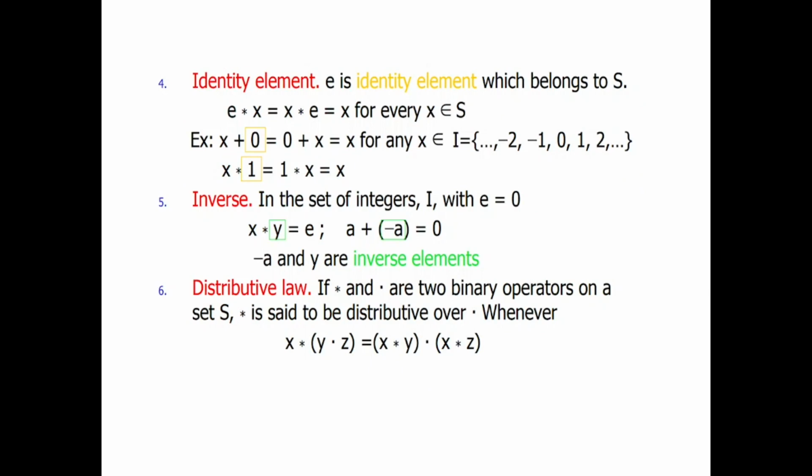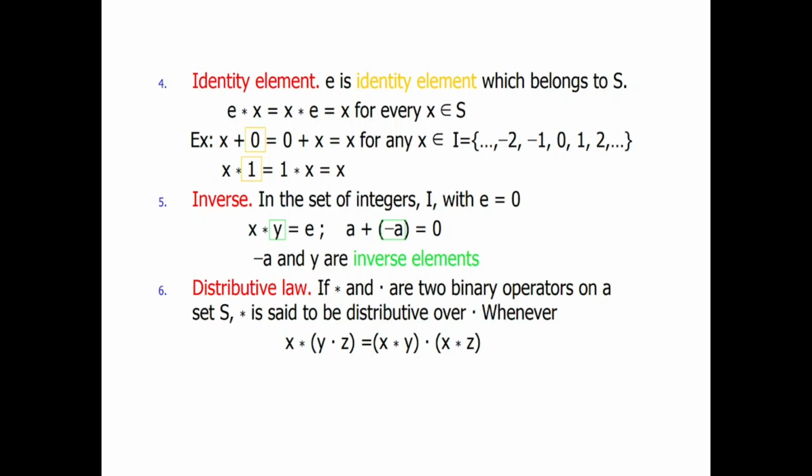Identity element: e is the identity element which belongs to the set S. That is, e * x equal to x * e, which is equal to x for every x belongs to S. So here e is the identity element, and x is the element which belongs to the set S. For example, we consider the identity element as 0 and 1.